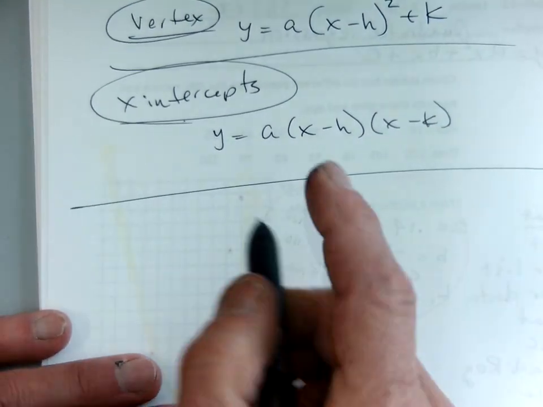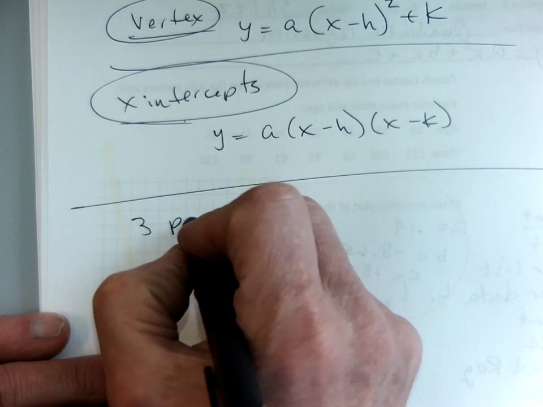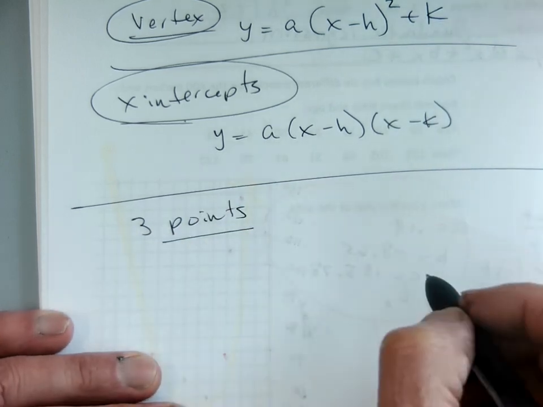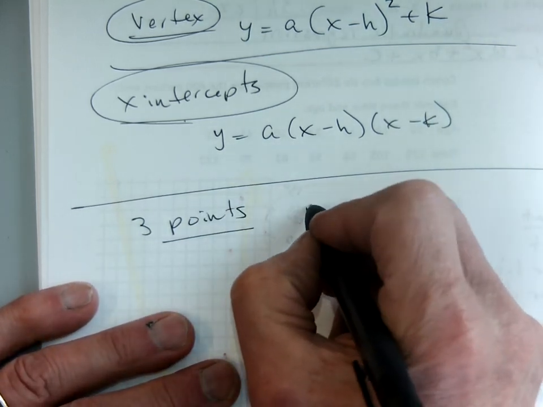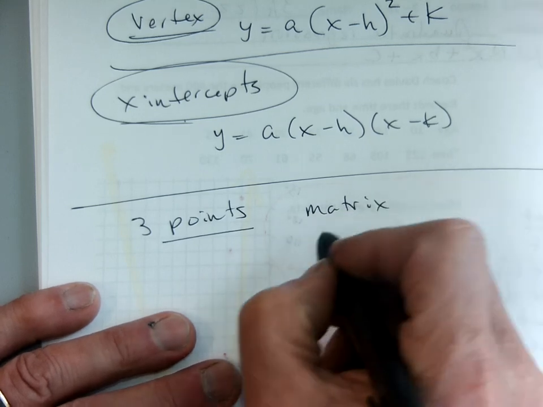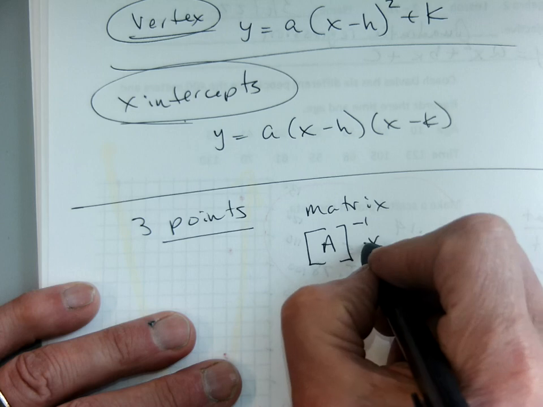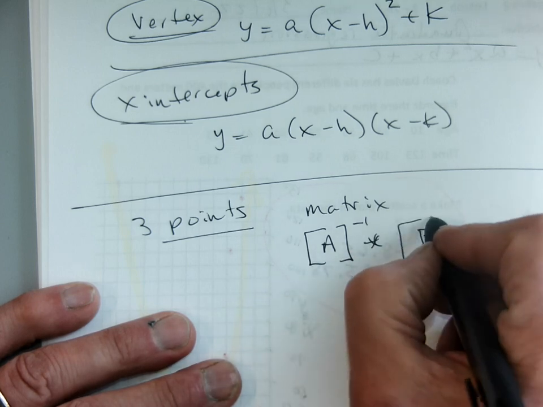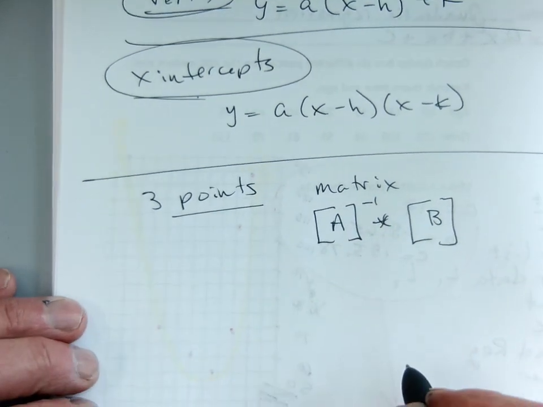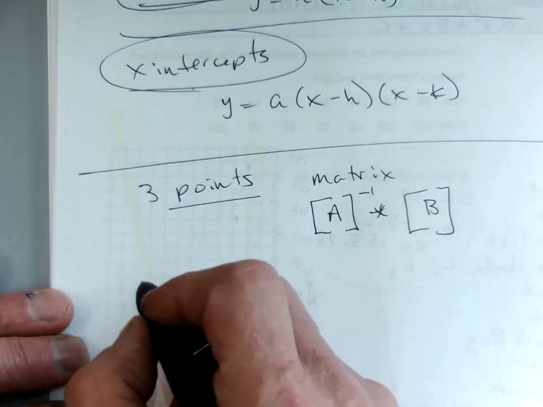If you have 3 points, to get the exact answer, you're going to use our matrix. And you're going to go matrix A inverse times matrix B.